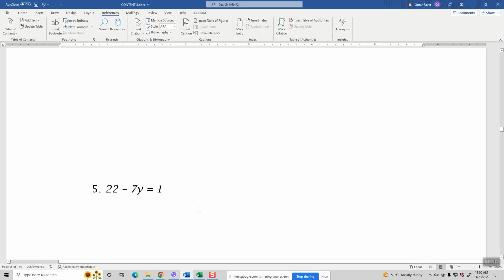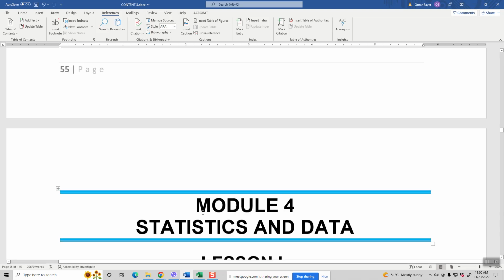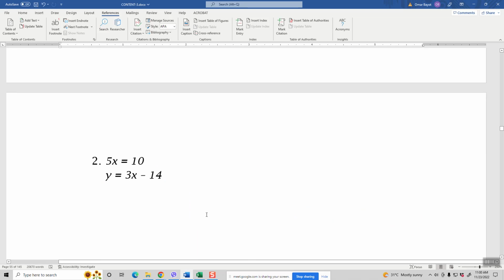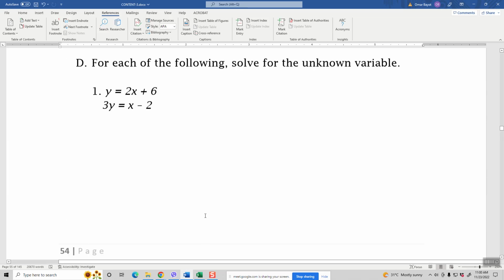What about for number 5? How many unknowns? I think it's only one, and that is the unknown variable y. Okay? For number 2, how many unknowns? You have x and y. For number 1, the same. You also have two unknowns. They are x and y.